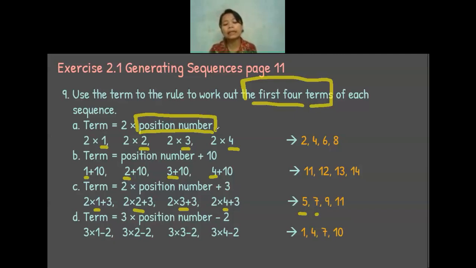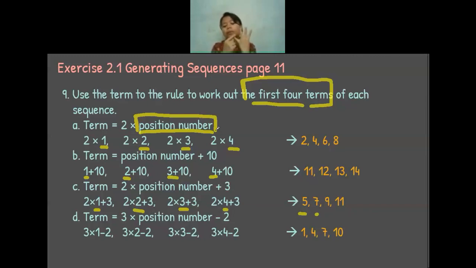So here, what we have to do to find the first four terms depends on whatever position to term rule is given. From the position to term rule given, we just replace the position number with whatever term we are going to find out. Here, we are going to find the first four terms. First four terms means the first, second, third, and fourth.